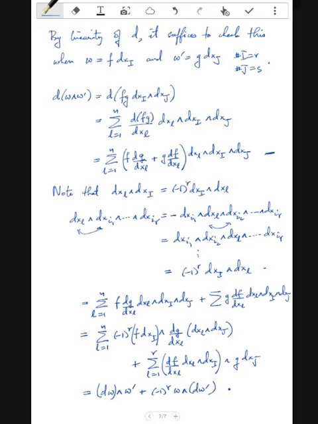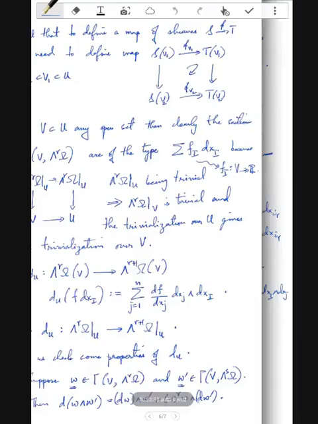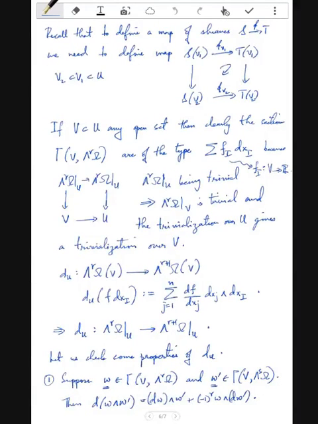So this completes the proof of this important equality.